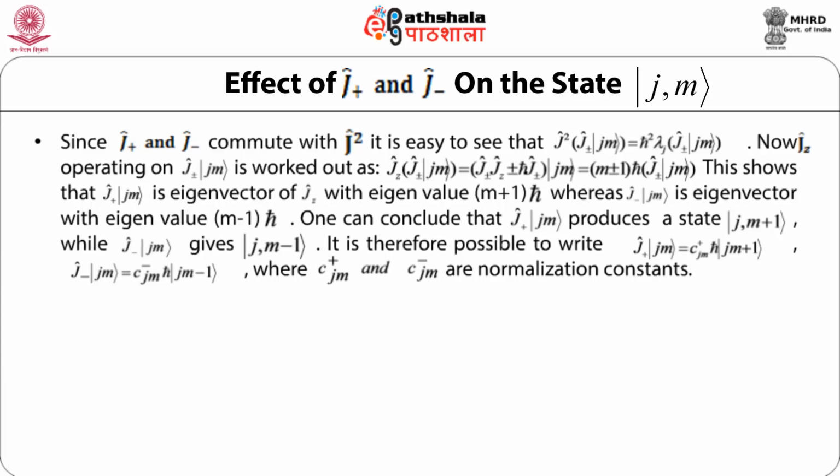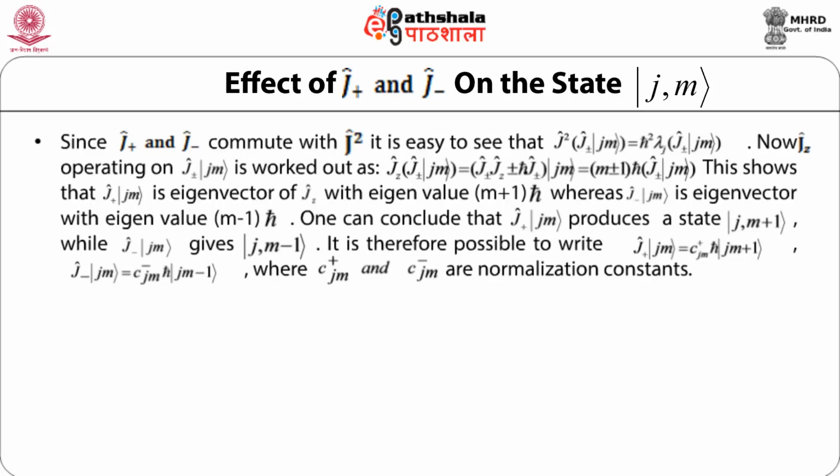Using both these relations, one can then conclude that J_+ acting on the state |j m> produces the state |j, m plus 1>, while J_- acting on the state |j m> yields the state |j, m minus 1>.